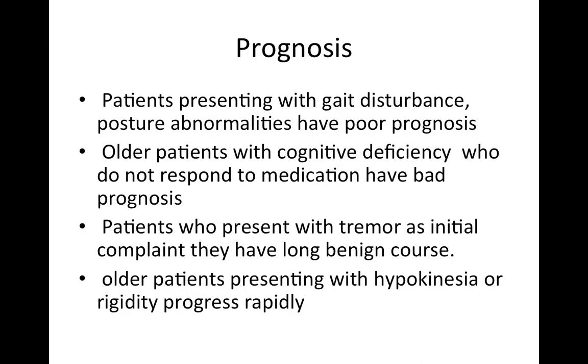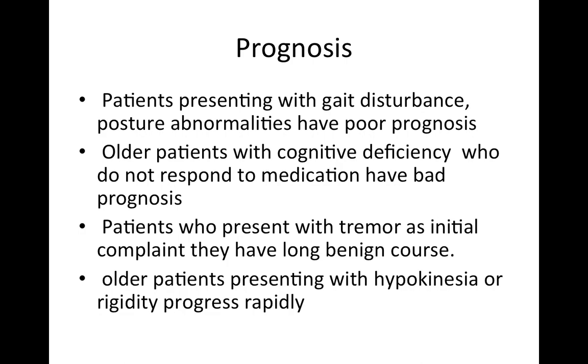Coming to a brief note on prognosis. Patients presenting with gait disturbance and postural abnormalities have poor prognosis. If the initial presentation is disturbance in the gait and difficulty to maintain the stance or posture, these patients progress rapidly, having poor prognosis.